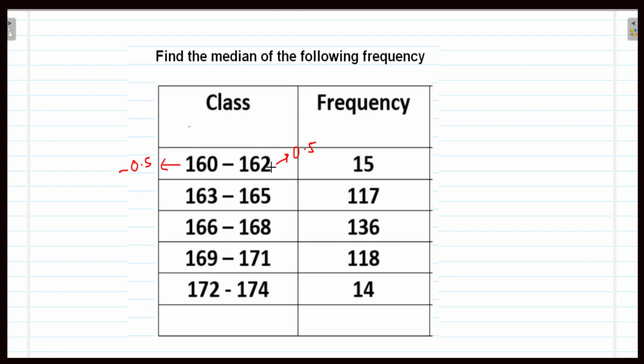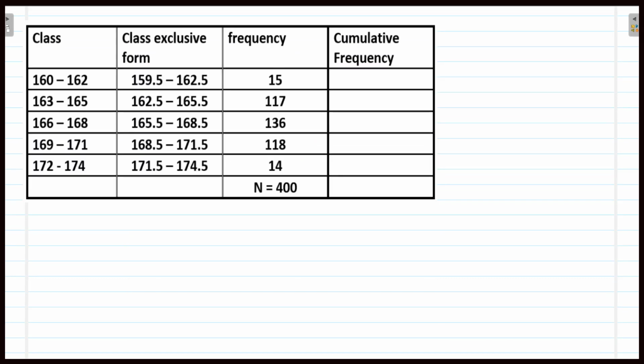Similarly, if we go on doing for all these class intervals, then we get the next table, which is on the screen. Here we have converted the class into exclusive form. This was the inclusive form, and by subtracting 0.5 from the lower limit and adding 0.5 to the upper limit, we have converted it to the exclusive form.